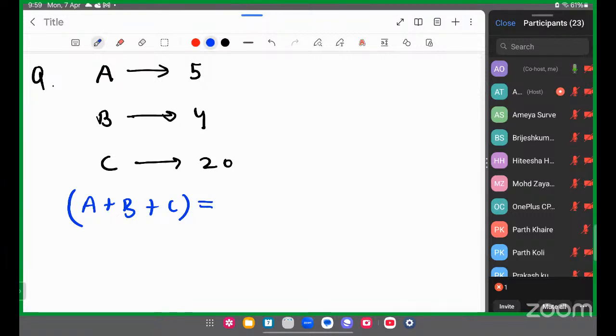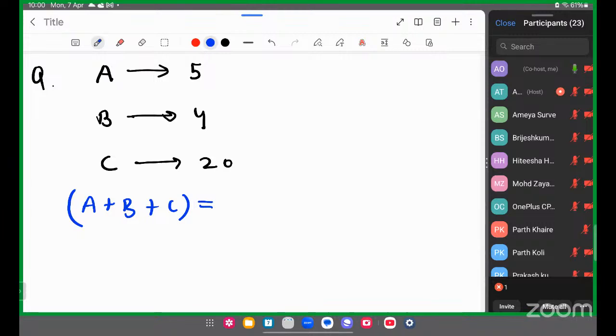Again, to calculate the total number of days to complete the work, we have to find out the work done in 1 day. All the questions in this chapter will be done with reference to 1 day. So you have to convert the question into 1 day form and then do the question.